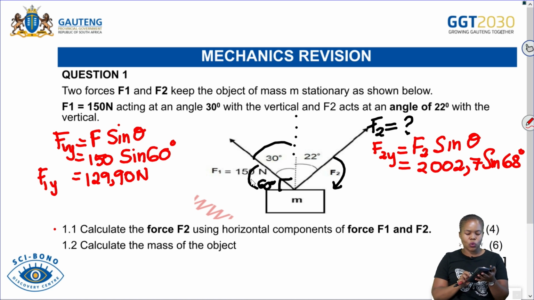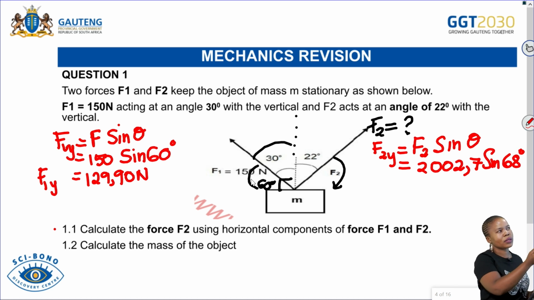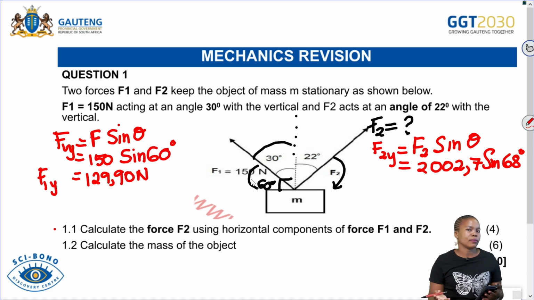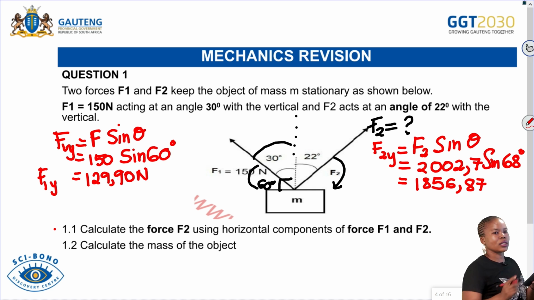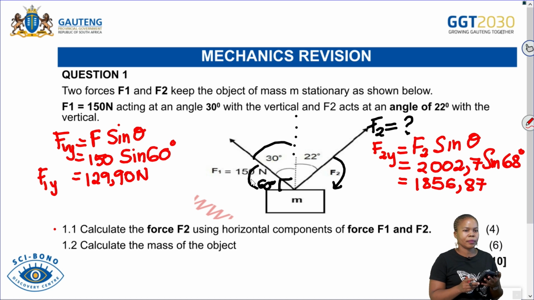So what is 202.7 sine of 68? The reason why we are saying 68 is because if you say 90 minus 22 degrees, it's going to give us 68 degrees. So the answer over here is going to be 185.87.